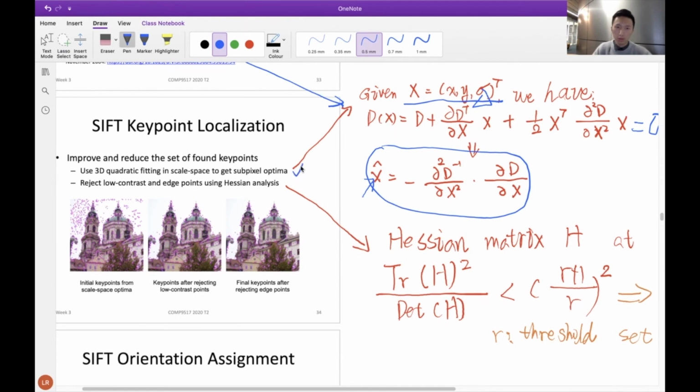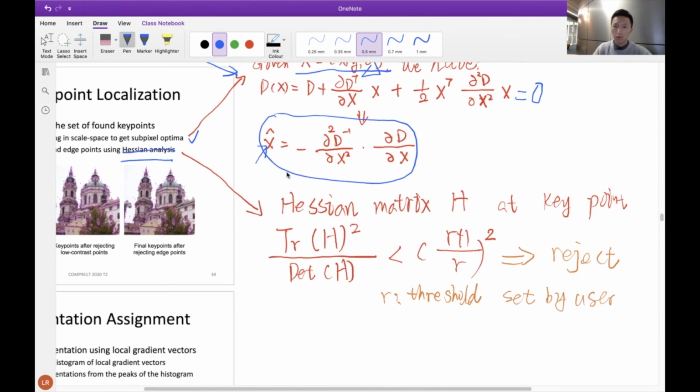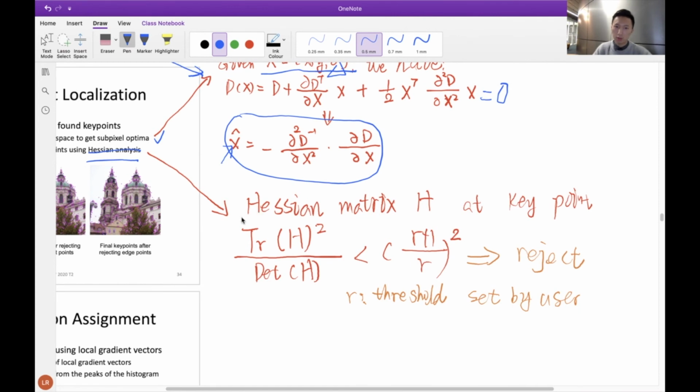So this part is solved now, and as for the second part, the Hessian analysis, for each key point, we generate the Hessian matrix. For the calculation of the Hessian matrix, you can look up on Google how to do that.